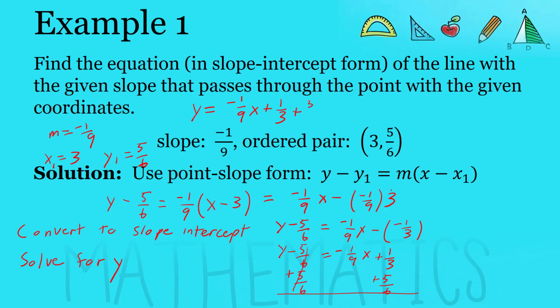plus 5/6. Now, we still need to add this part, and to do that, we need to find a common denominator. And we can do that by multiplying both the numerator and denominator here by 2.